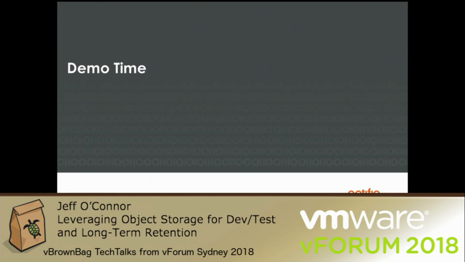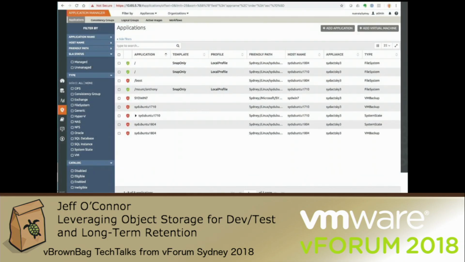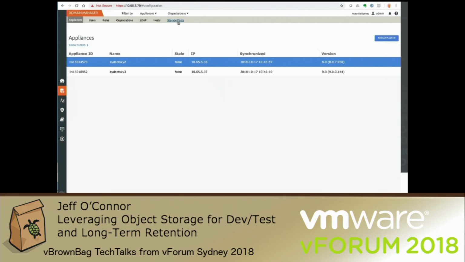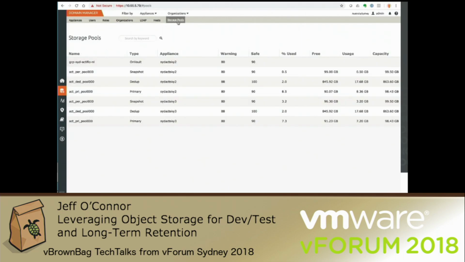All right, so for my first demo here, I'm going to show you how to import. Let's say you're 5 years in, you've got some retained data sitting in an object storage bucket, and you want to interact with it. You can roll up a new Actifio Sky appliance, either in the public cloud, using the marketplace.